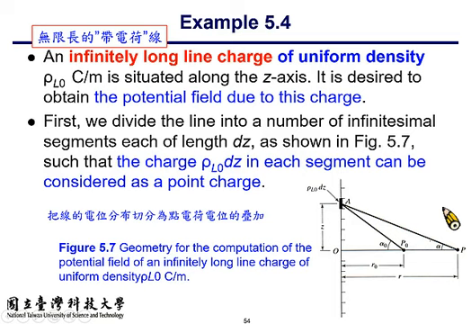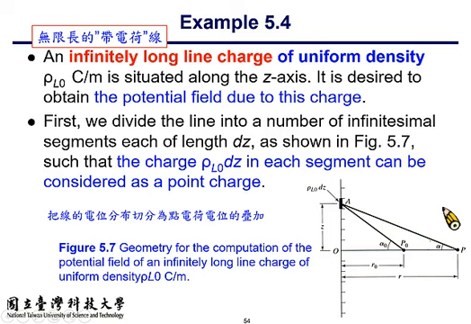So let's move on to example 5.4. Suppose we have an infinitely long line charge, as we already saw in chapter 1, I guess. In chapter 1, we already dealt with the electrical field established by an infinitely long charge line.